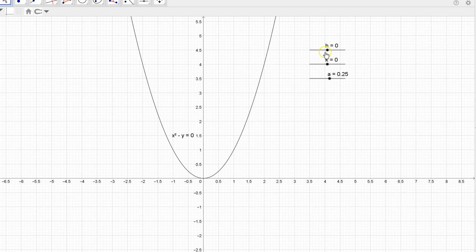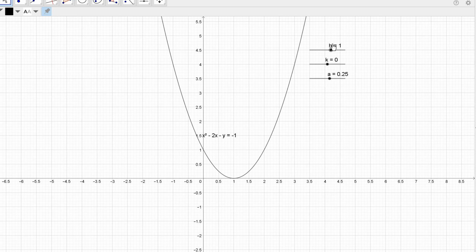So if I select the h here, if I shift h to have a value of 1, then my parabola, if you look at the equation up here, is x squared minus 2x minus y equals minus 1. Now this is going to require a little bit of thinking on your part, but if I rearrange this to be x squared minus 2x plus 1 equals y, then that gives me x minus 1 all squared equals y.